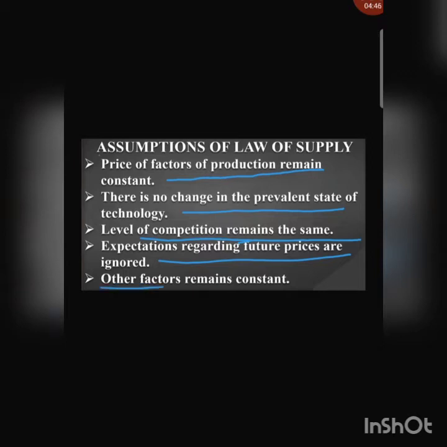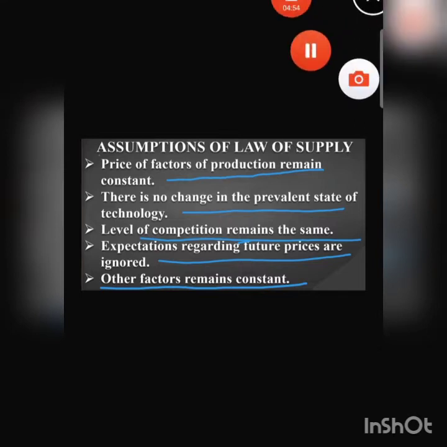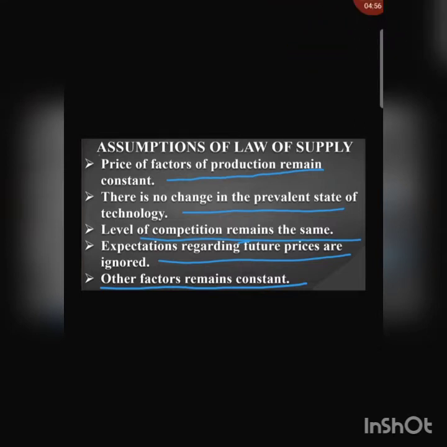Then other factors remaining constant: the other factors we have seen are government policy, transportation facilities and natural factors. They remain constant; there are no ups and downs in all such situations.